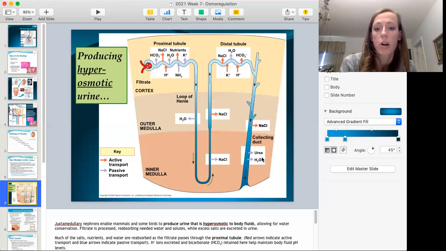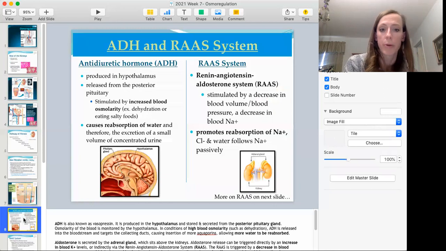So salts and water are going to be retained if necessary, based on what the body is sensing, either regarding osmolarity of the blood, based on receptors that are able to sense the osmolarity of the blood, or receptors that are sensing the pressure of blood. Okay, so all of this is sensed by various receptors and then responded to by various hormones. Okay, so let's talk about those hormones.